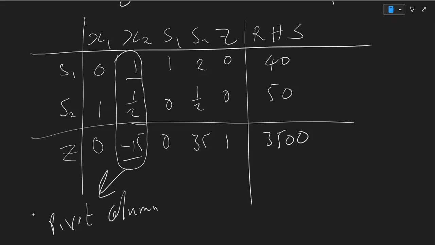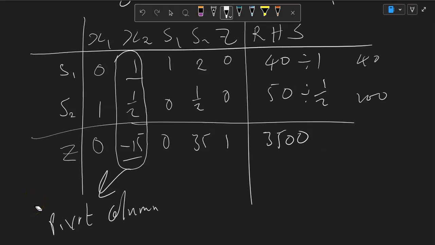So what then we're going to have is 40 divided by, we have a 1 there, divided by 1, then 50 divided by half, and 3,500 divided by -15, right? Okay, what do we have? Okay, so we have 40 and 100 there.